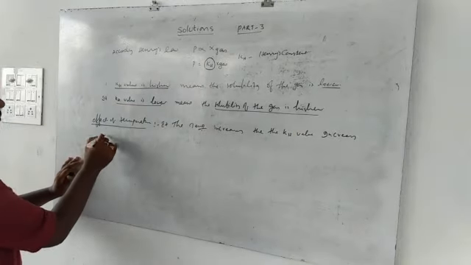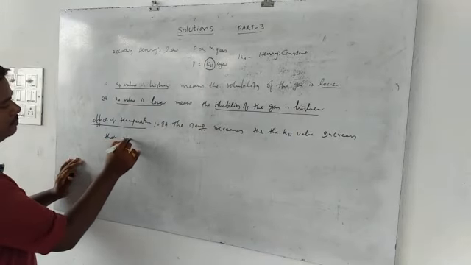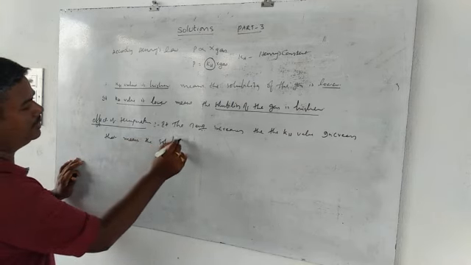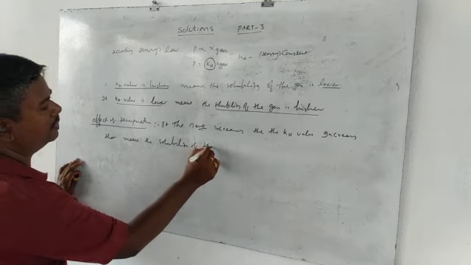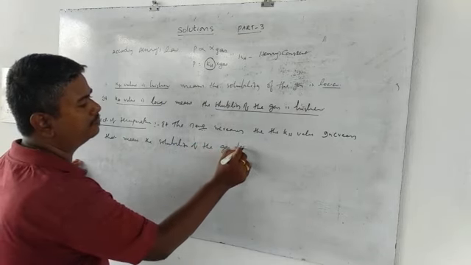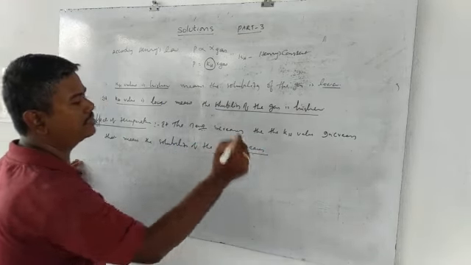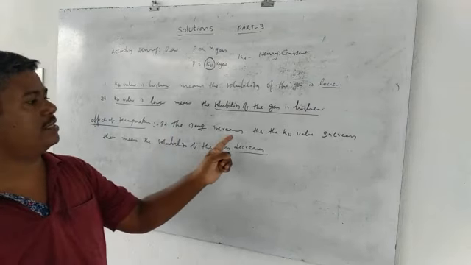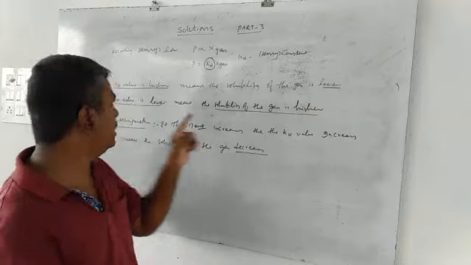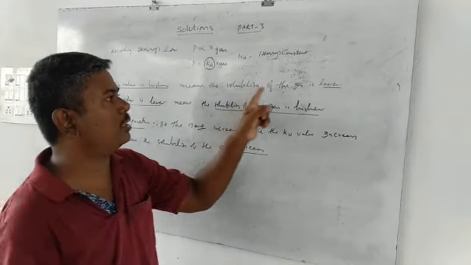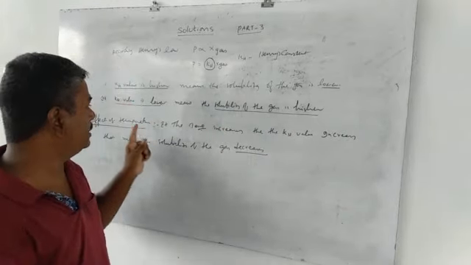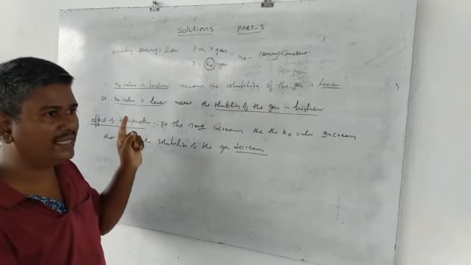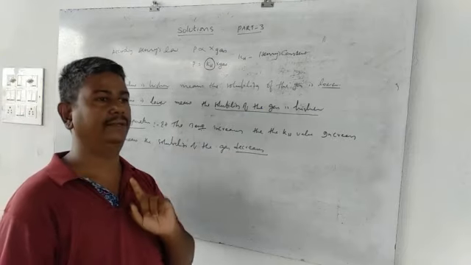That means the solubility of the gas decreases. So what happened here? The temperature increases, means the KH value increases. KH value is higher, means the solubility is lower. So the temperature also affects the solubility of gas in liquid.